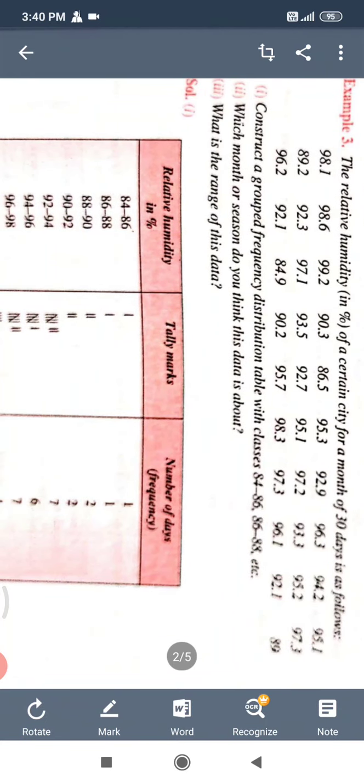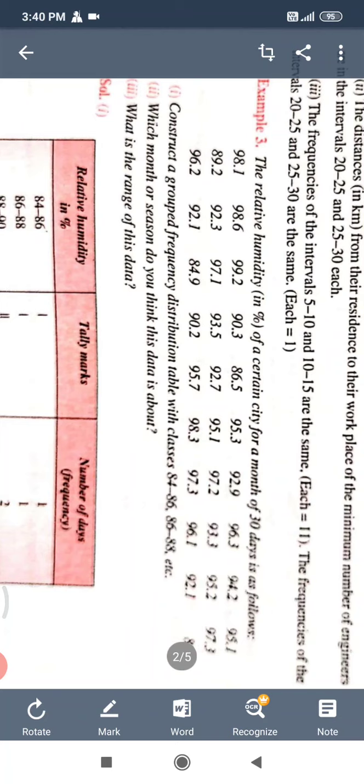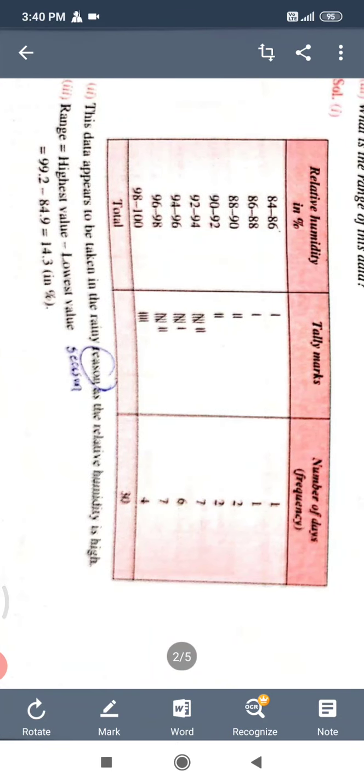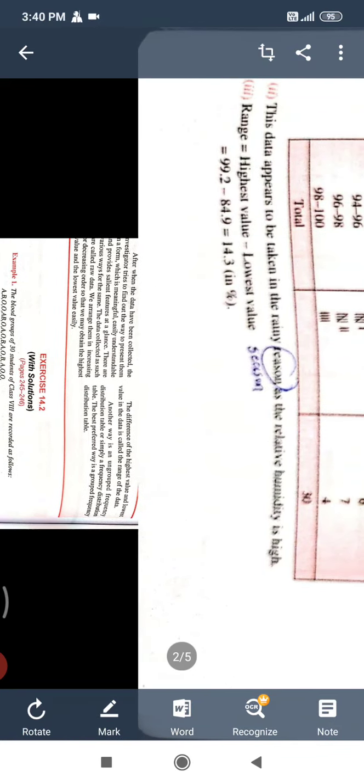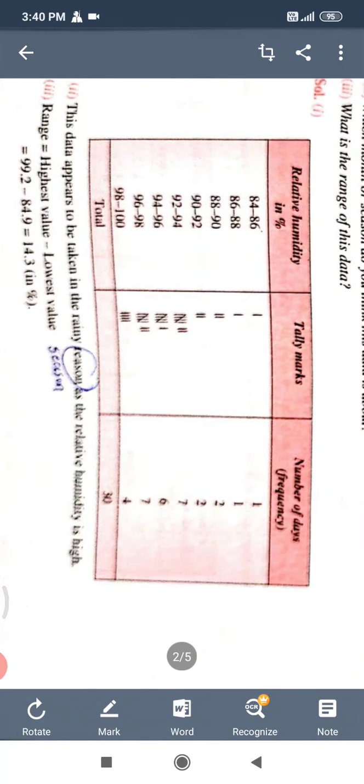Okay, so there will also be 4 numbers. So draw the 4 lines there and make the frequency total. It will be 30 because here 30 days' humidity is given, so total will be 30. Okay, so in this way we can solve the sum question 3.